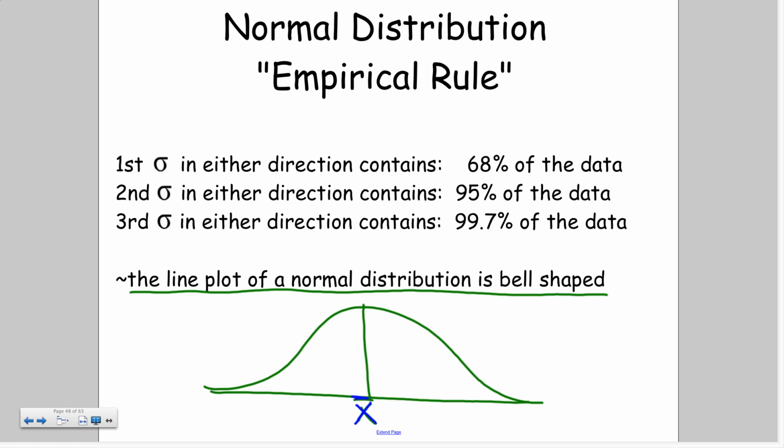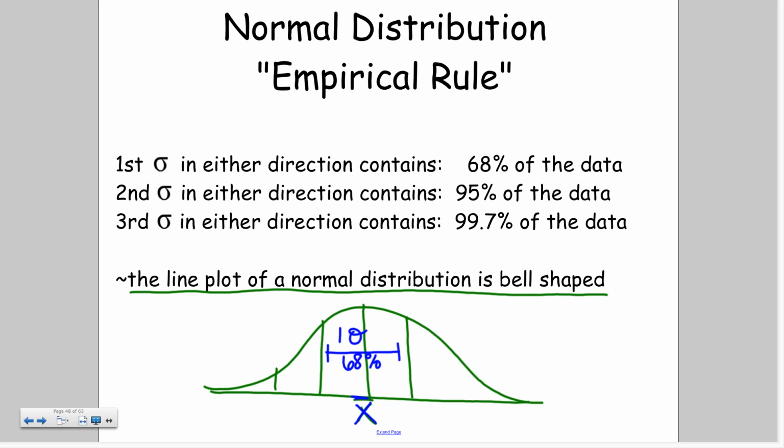Now, if I continue on, if I go one standard deviation higher and one standard deviation lower, this information right here is one standard deviation within my mean. So it's 68%. It's always going to be 68% between these two lines right here. Okay?